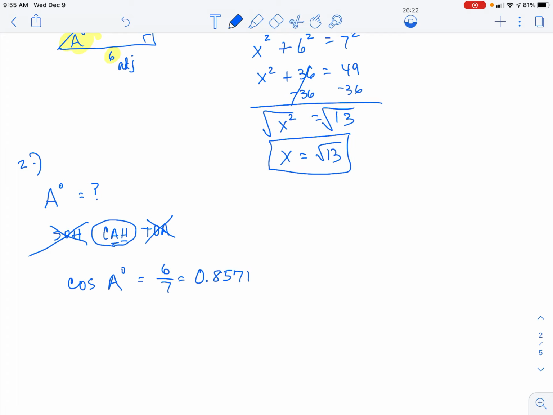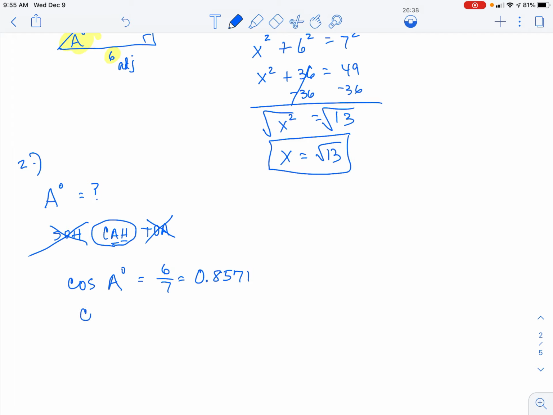All right, so 0.8571, and remember I have to make sure the degree mode is on, and I have to hit second on mine, and that will reveal the inverse of sine, cosine, and tan, where you see the -1 as the exponent on your calculator. So I'm going to hit cosine -1, and I'm going to get 31.007.